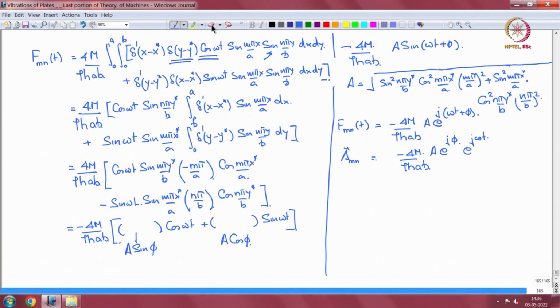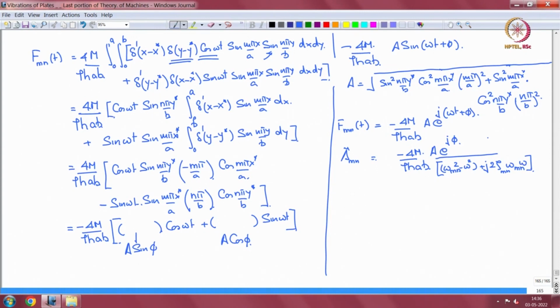We will keep it out of the gamma mn for harmonic, we will keep it out. Okay, A e to the power j phi divided by the frequency term omega mn square minus omega square plus j2 zeta mn omega mn omega. Okay, that is gamma tilde mn.